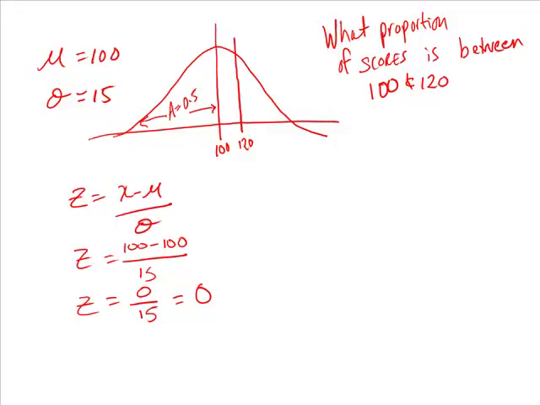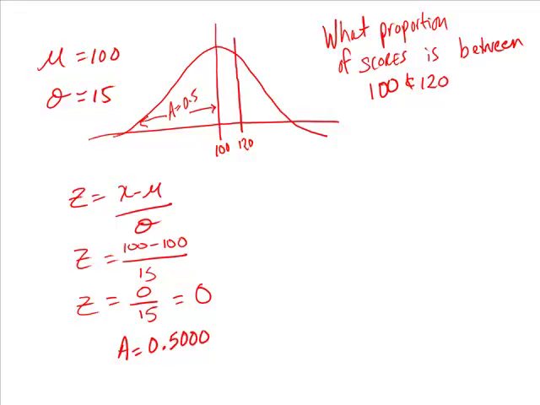That will happen regardless of what the standard deviation is. So with one of the values that you're interested in finding the z-score is your mean, you already know what the z-score is. It's 0. And a z-score of 0 is the midpoint. It's half the area of the curve. So this area equals 0.5000.